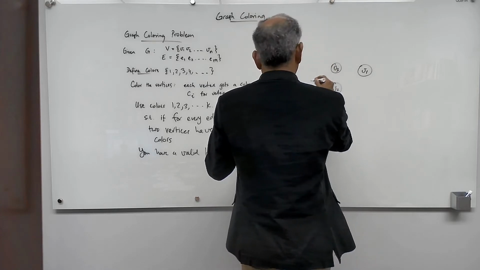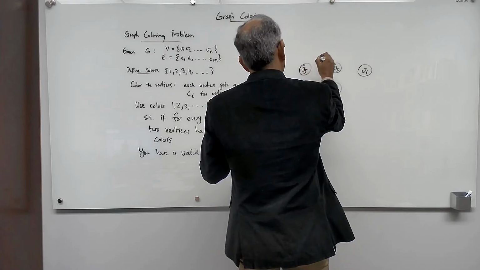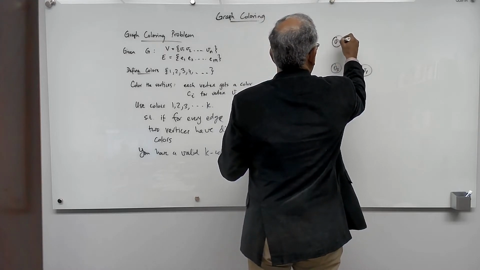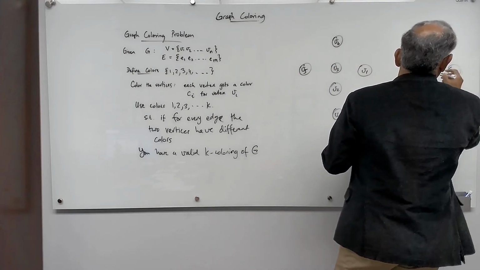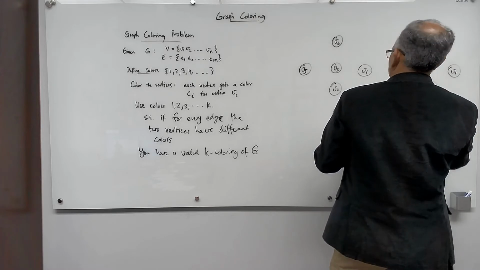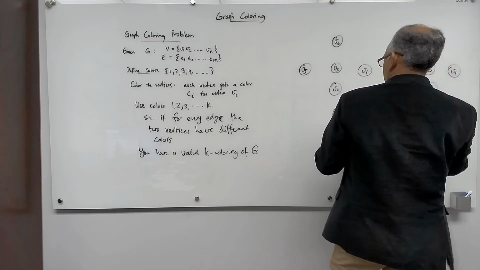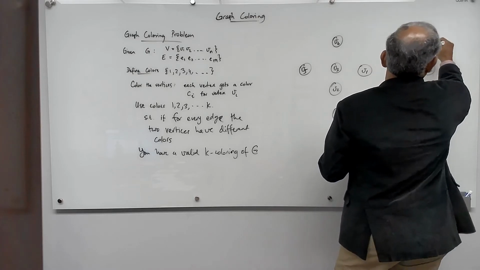Here is V5. And here is V6. Okay, and I'll draw the graph a second time. V1, V2, V3, V4, V5, V6.